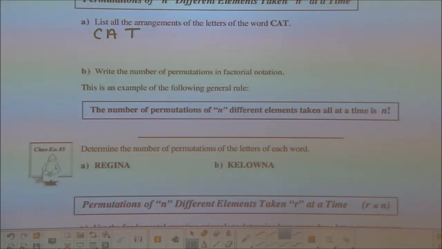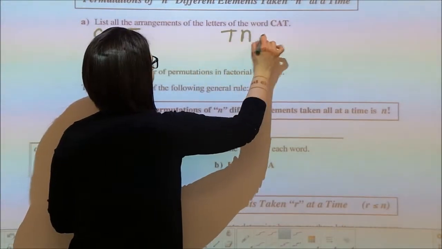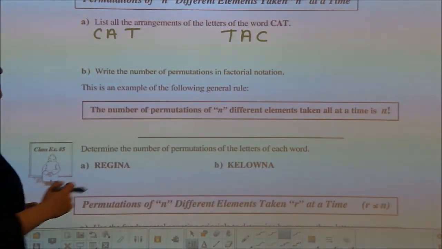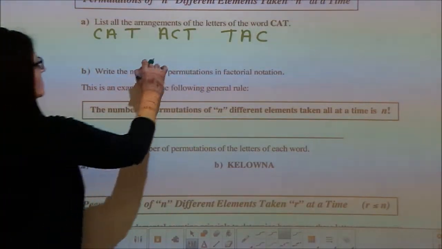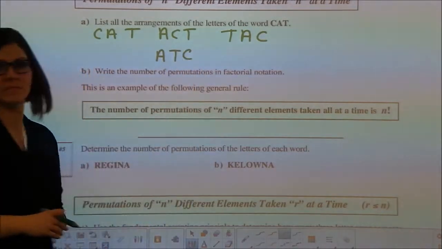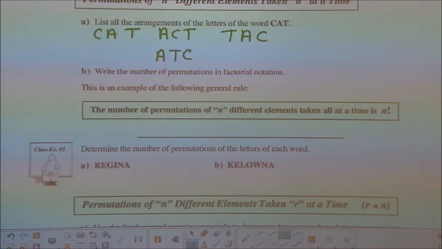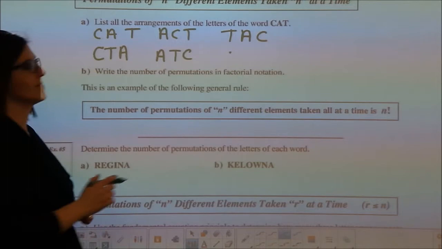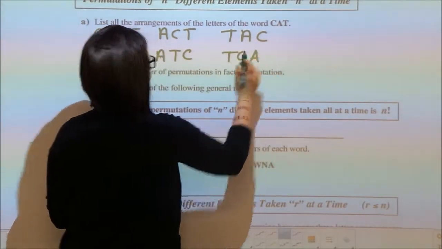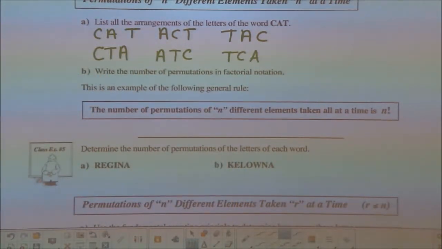Could have TAC, ACT, or ATC, CTA, and TCA. So when you're listing them out, trying to have some sort of an organizational tool helps. Okay. If I have to write this as a factorial, how can I write this as a factorial?